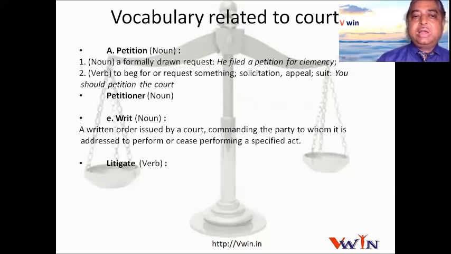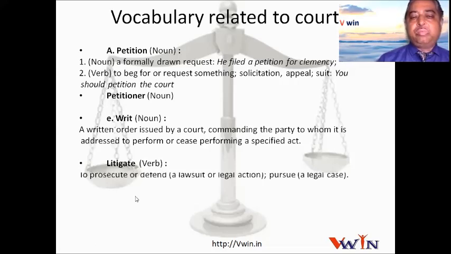Then litigate. Litigate means to get involved in some kind of legal proceeding. So when someone litigates, it means the person has either initiated a case or the person has become a defendant in that case. So basically, to prosecute or defend.